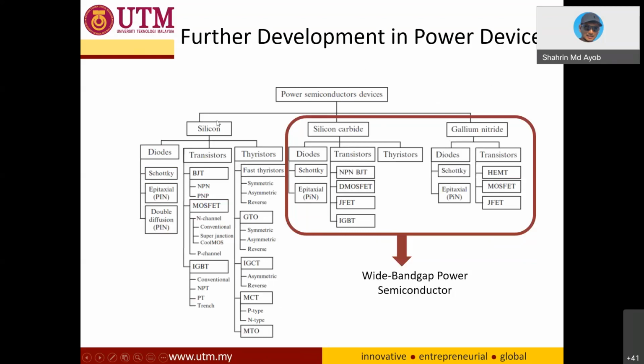So this is the classification, where we have silicon carbide and gallium nitride. This is the conventional silicon, where we can see BJT, MOSFET, IGBT, and so on. But here we have new materials, so we may have very high power and high switching frequency capability.